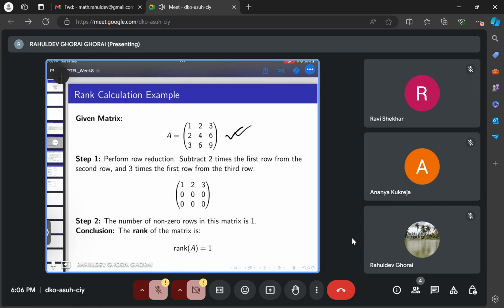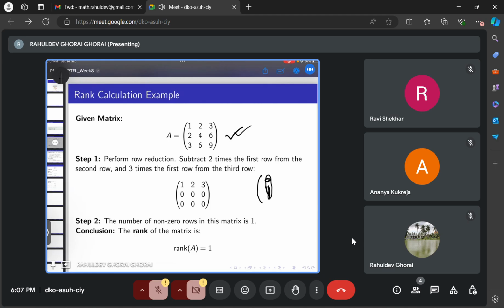We try to reduce the matrix to some other matrix which looks very easy. If some row has a non-zero entry, then below the first non-zero entry of that row, all other elements will be zero.